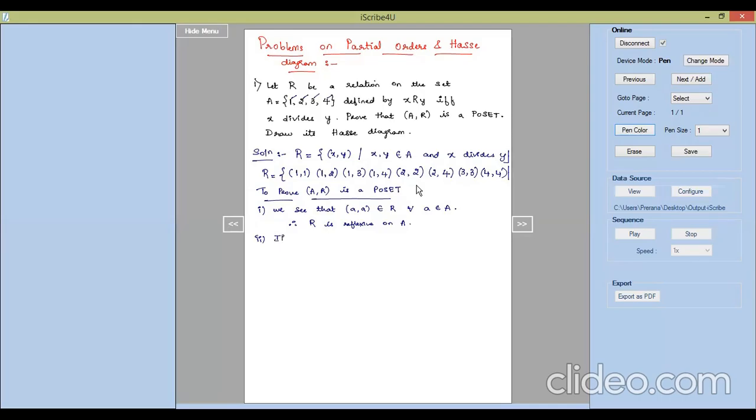If A, B belongs to R and A is not equal to B, then we observe that B, A does not belong to R. So therefore R is anti-symmetric on A.